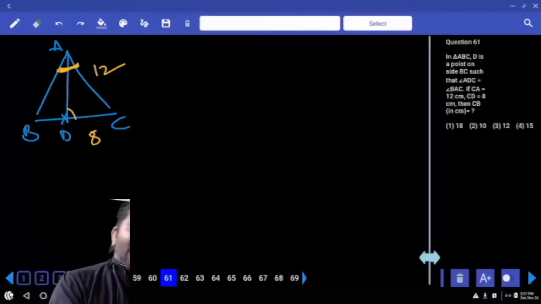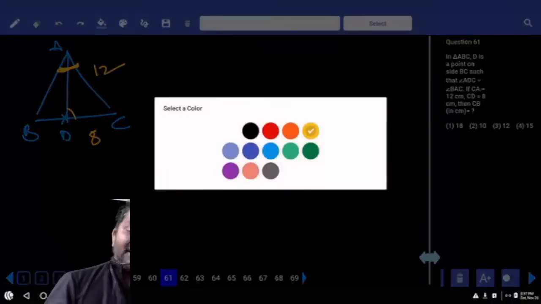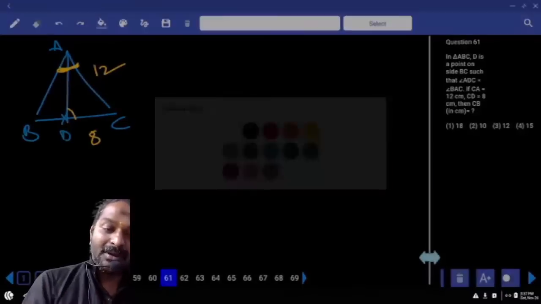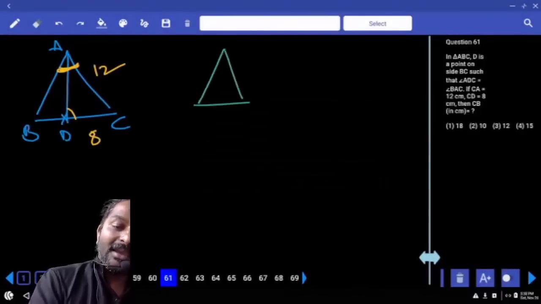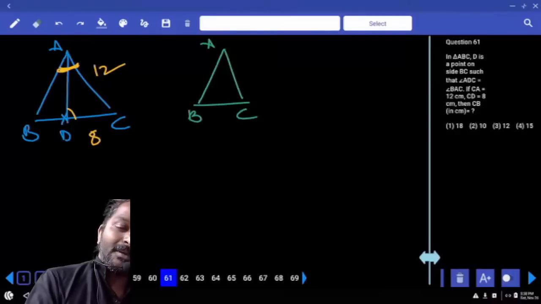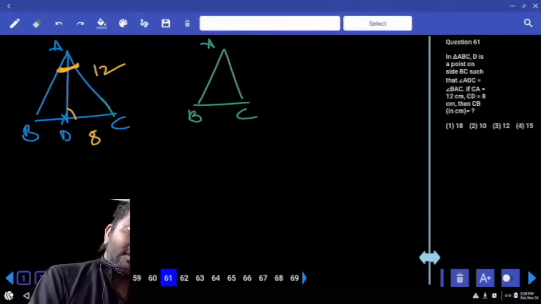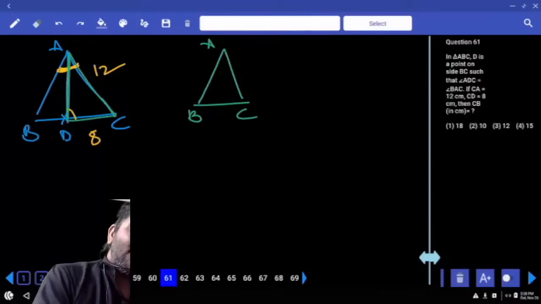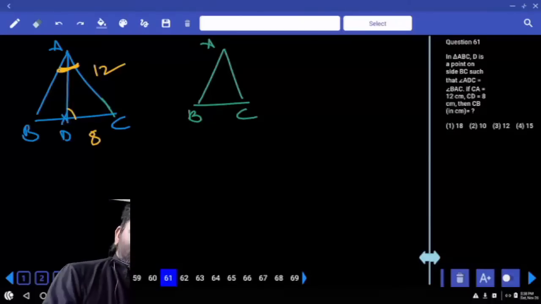I'll take 2 triangles now. Number 1, A, B, C, right? Now, the other triangle ADC, okay? I'm taking these two because angle at A and angle at D both are equal, and at the same time there is one more unique quality here.